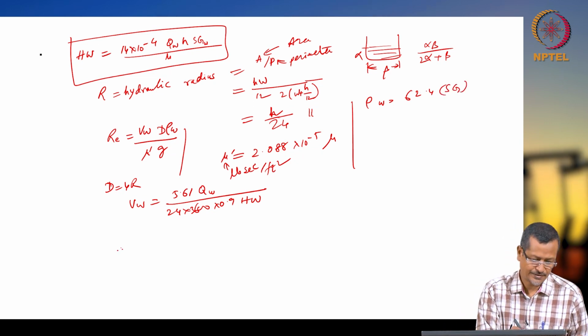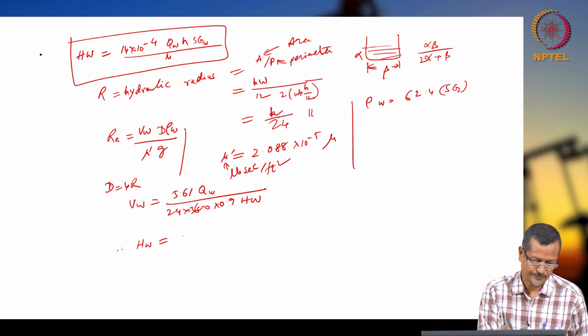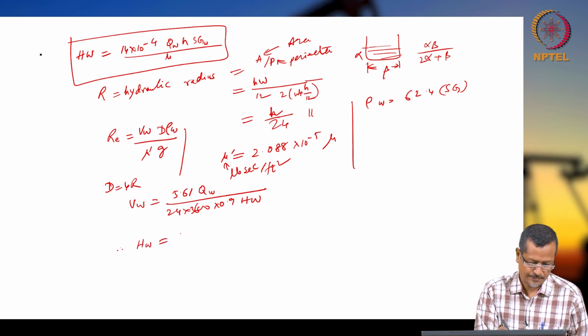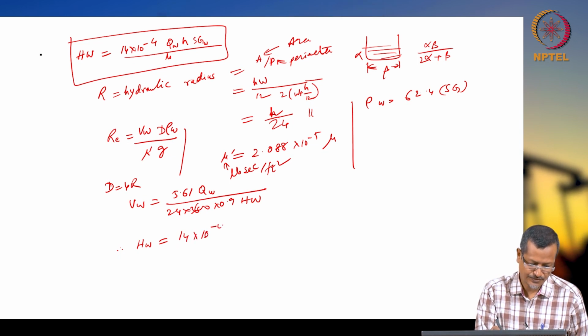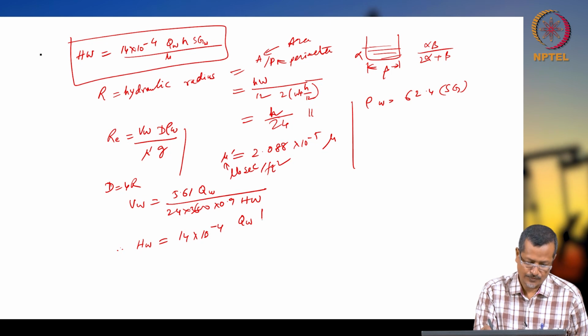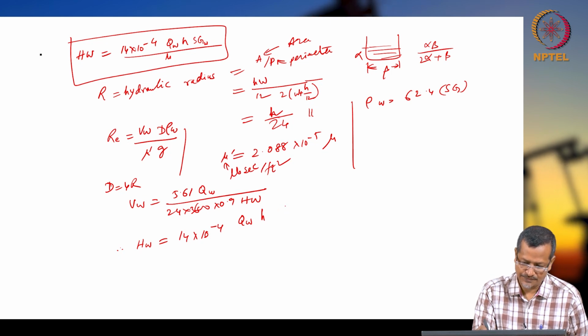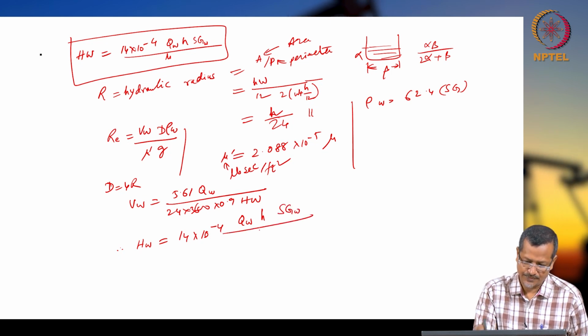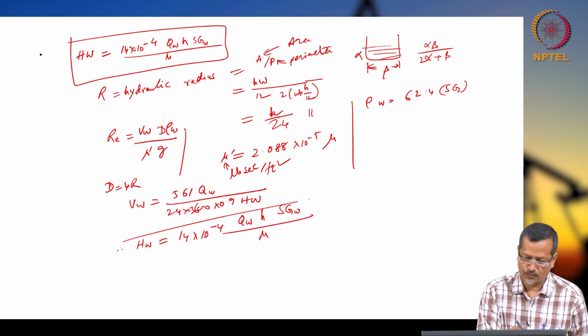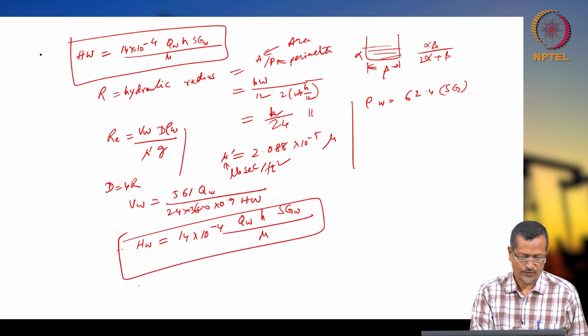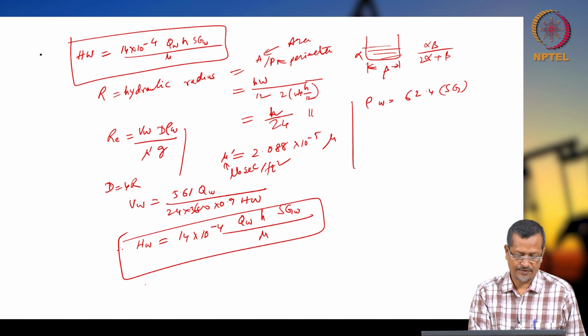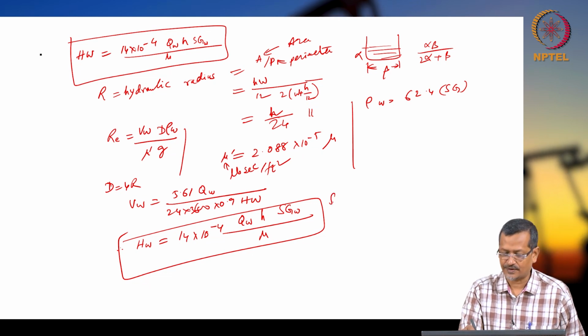So finally HW comes to 14 × 10^-4 QW H SG W divided by mu. Okay. To account for surge from the auto valve, use a safety factor of 2. So they have to use a safety factor of 2.